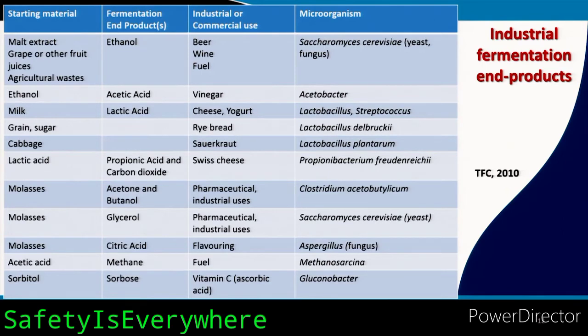We have molasses being converted to citric acid, which is used as a flavoring agent, and that is done by another fungus, Aspergillus. Then we have acetic acid, which is converted to methane to produce biogas, and that is Methanosarcina. And sorbitol is converted to sorbose, which is used in the production of vitamin C, which is ascorbic acid, and the mediating microbe is Gluconobacter.